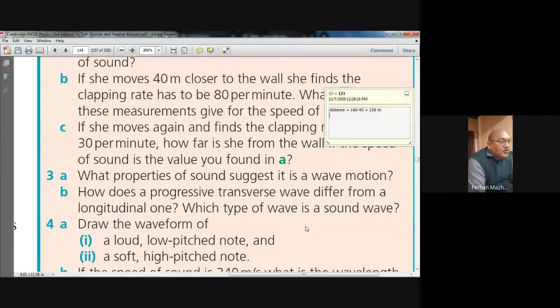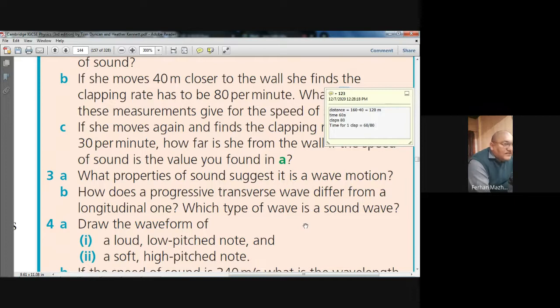Now what is the time? He noted for 60 seconds, and the claps are 80. So the time for one clap, the time between one clap and the other clap, will be 60 divided by 80.